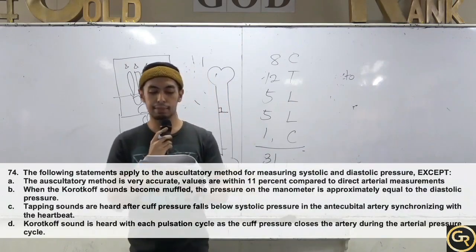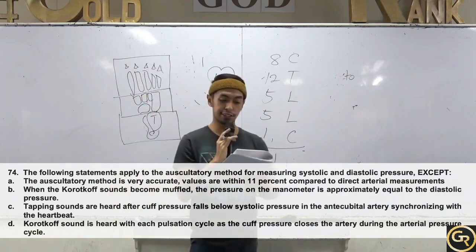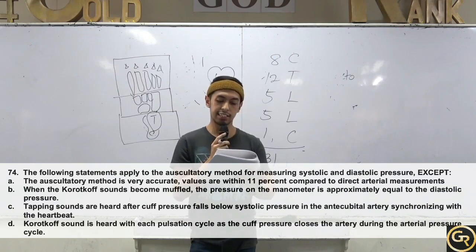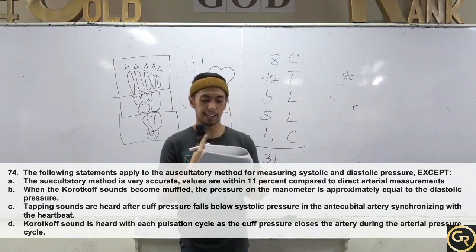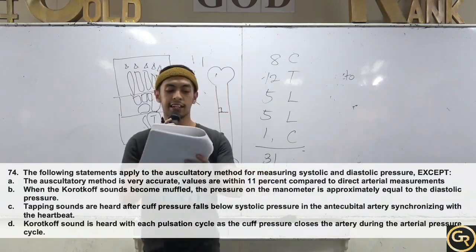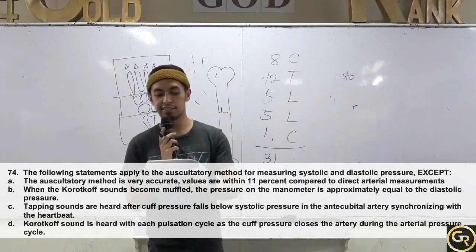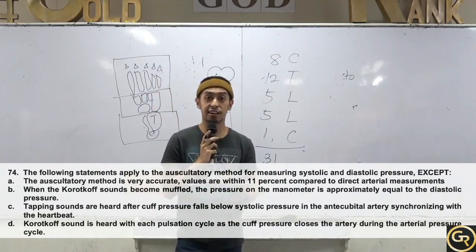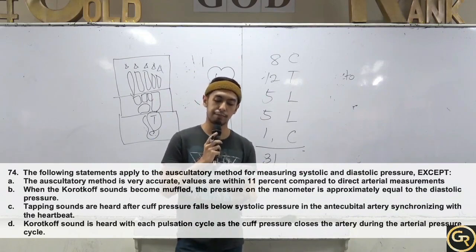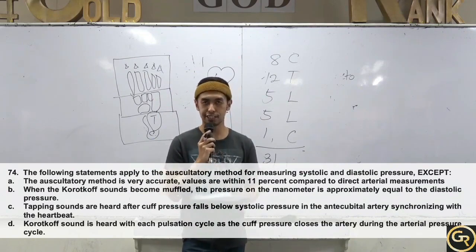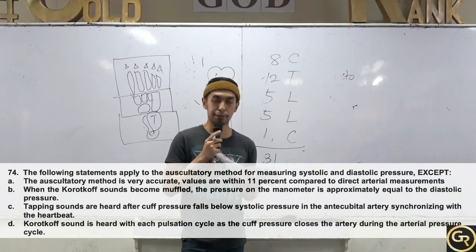The following statements apply to the auscultatory method for measuring systolic and diastolic pressure except blank. Okay? Unahin ko na ulit kayo. Letter apple, sabi daw, the auscultatory method is very accurate. Values are within 11% compared to direct arterial measurements. Okay? Bakit po ito mali?